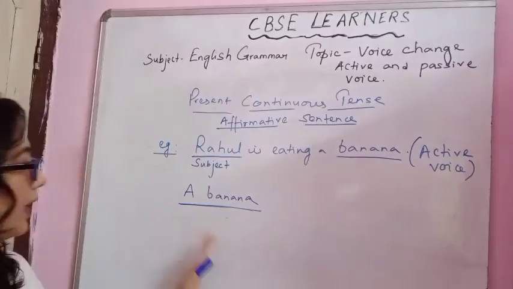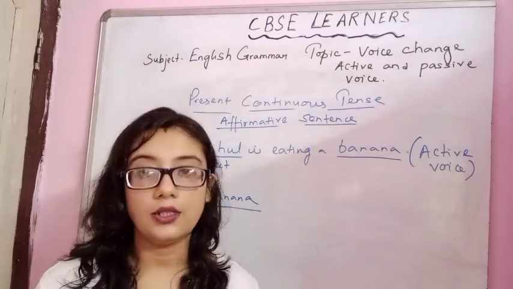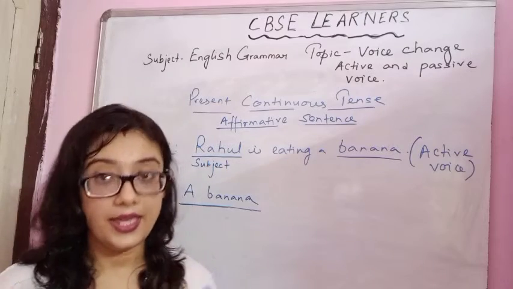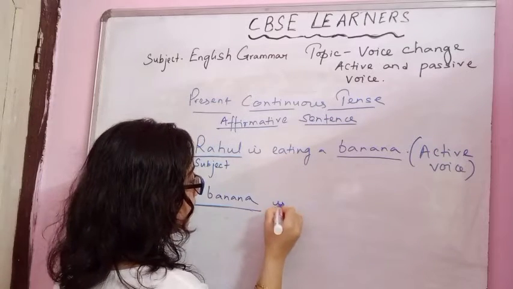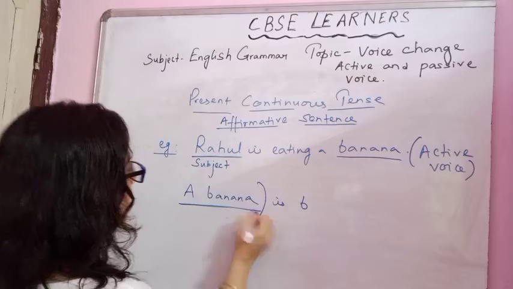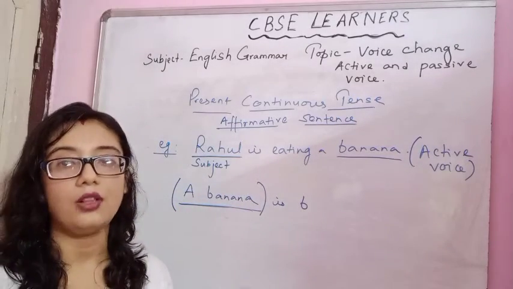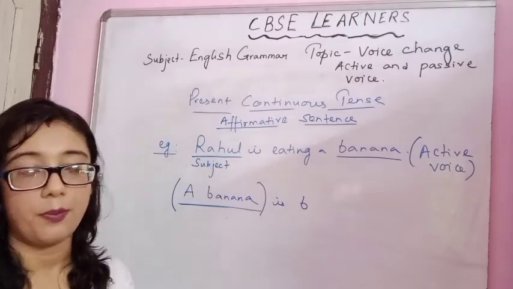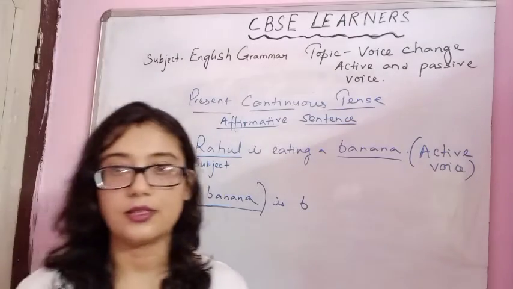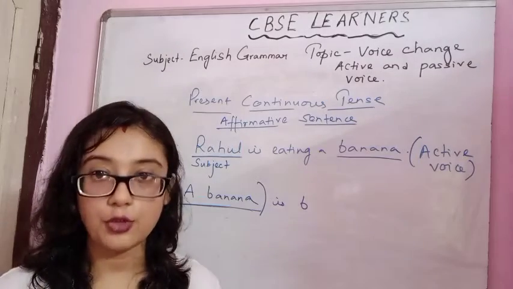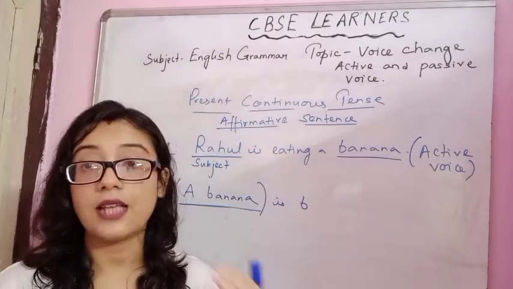What is this? A banana. So a banana is what? A third person singular, isn't it? A banana is being. So always see what the subject or the object is. Depending on that, you have to use the be form. If there are bananas, in plural form, then you have to use are.